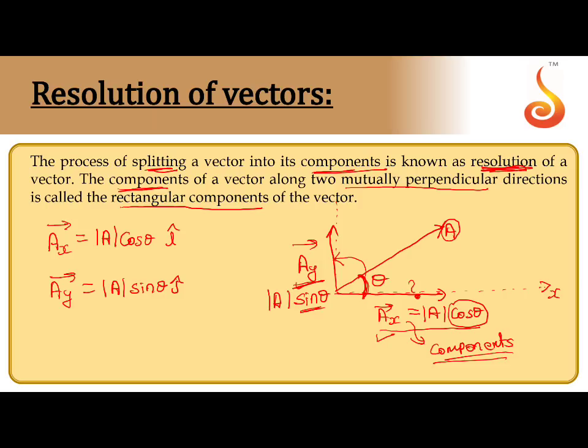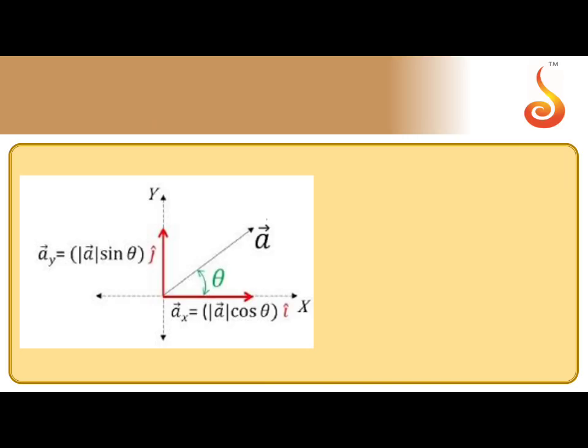So I repeat once again, suppose I have a vector A. I can split it into two vectors, AX and AY. When I split a vector into two vectors, these two new vectors are called components. These two components are perpendicular to each other.